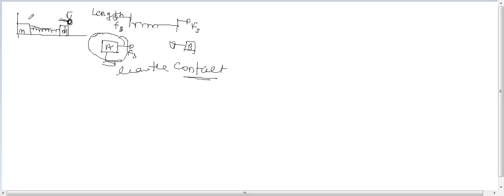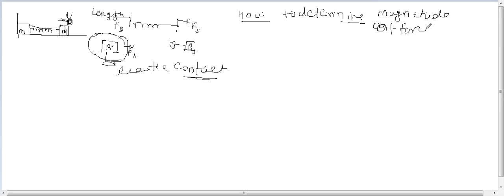So the spring is an important thing. First, you have to think about how to determine the magnitude of the force, and second, the direction of the force.